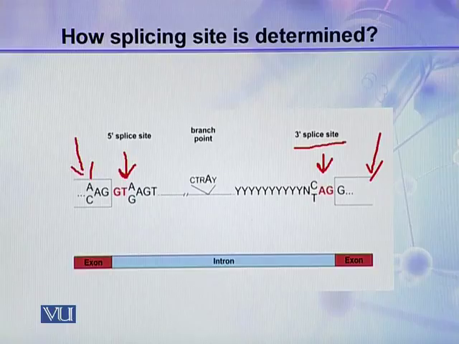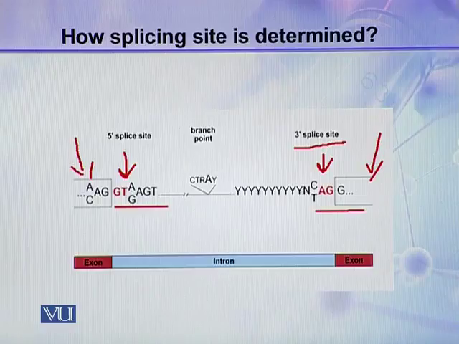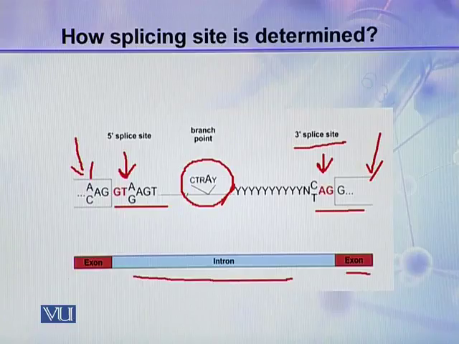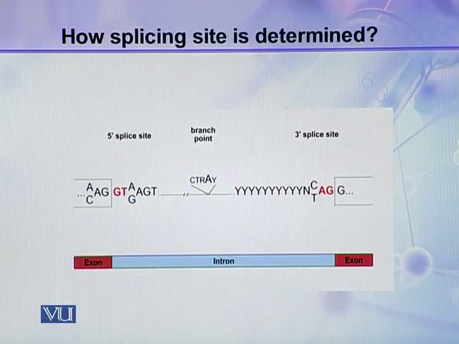So there are specific sequences on these sites. And in addition to these sequences, there is also a specific sequence in the intron. So in between is the intron and these are two exons. So these are the specific sequences present at the splice sites.